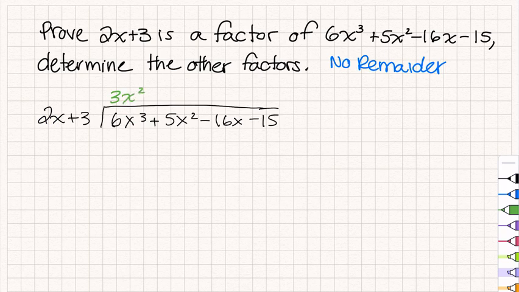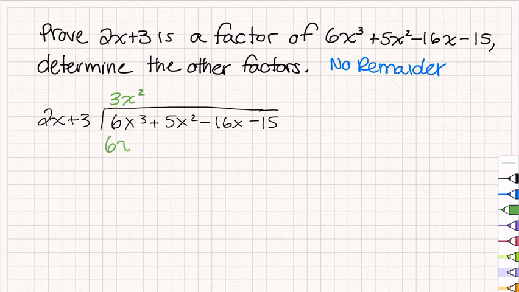Then we're going to multiply 3x squared by 2x plus 3, and we get 6x cubed plus 9x squared. Now we need to subtract, so we get 0 and negative 4x squared. Okay, so now we're going to bring down the negative 16x.